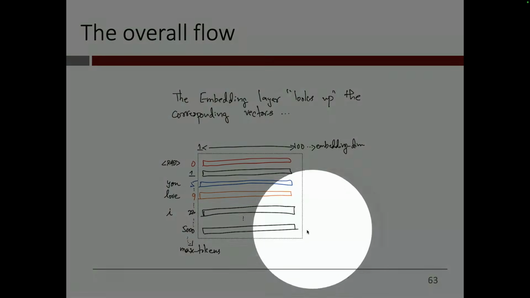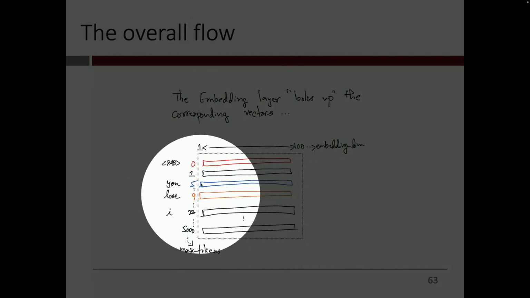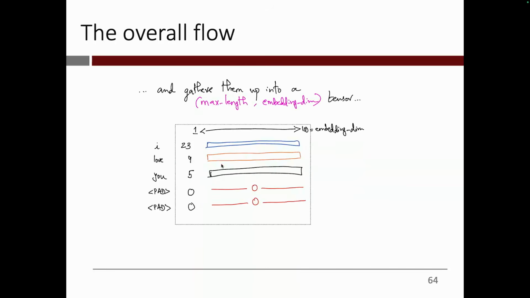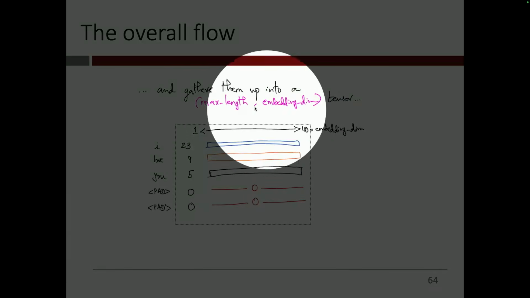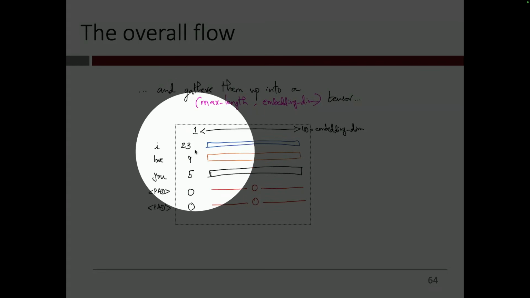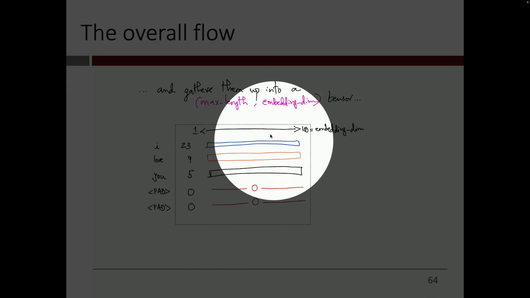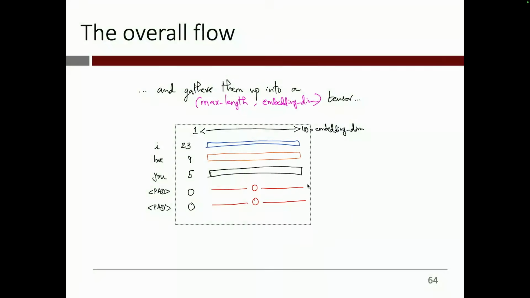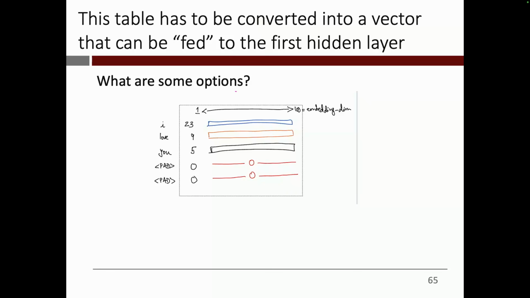We just go here and look up those rows, and boom, this is the resulting output. Whatever input sentence comes in, we now have 5 embedding vectors that have been looked up from the embedding layer. So I love you comes in, it becomes this table.